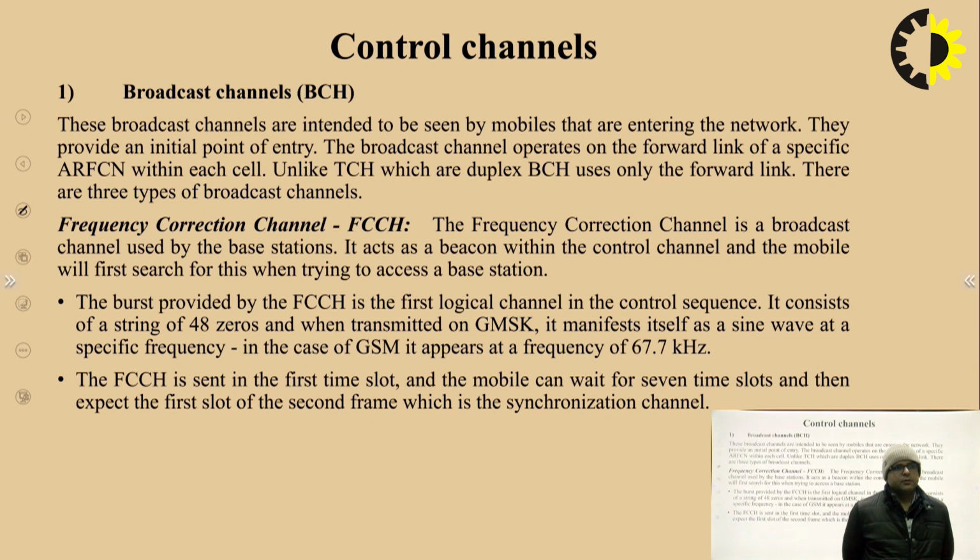The burst provided by the frequency correction channel is the first logical channel in the control sequence. It basically consists of a string of 48 zeros, and when transmitted on the GMSK scheme, it manifests itself as a sine wave at a frequency of 67.7 kilohertz in the case of GSM.